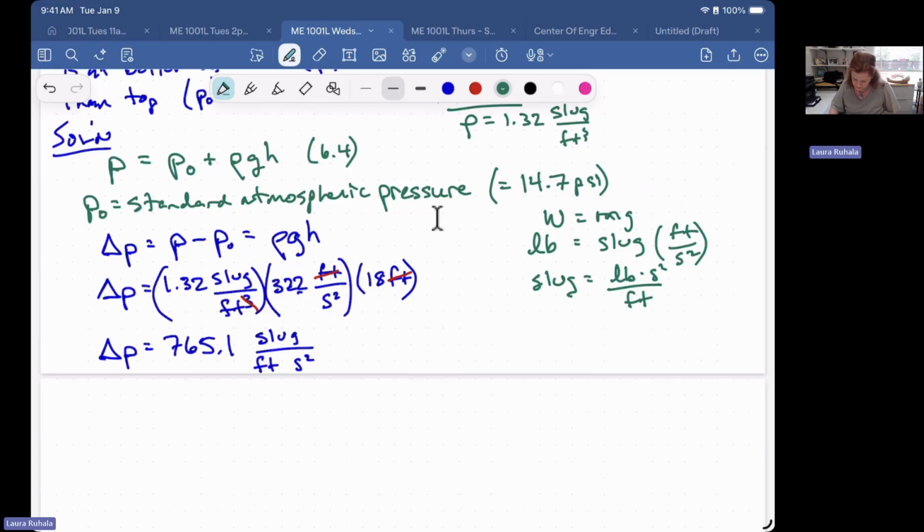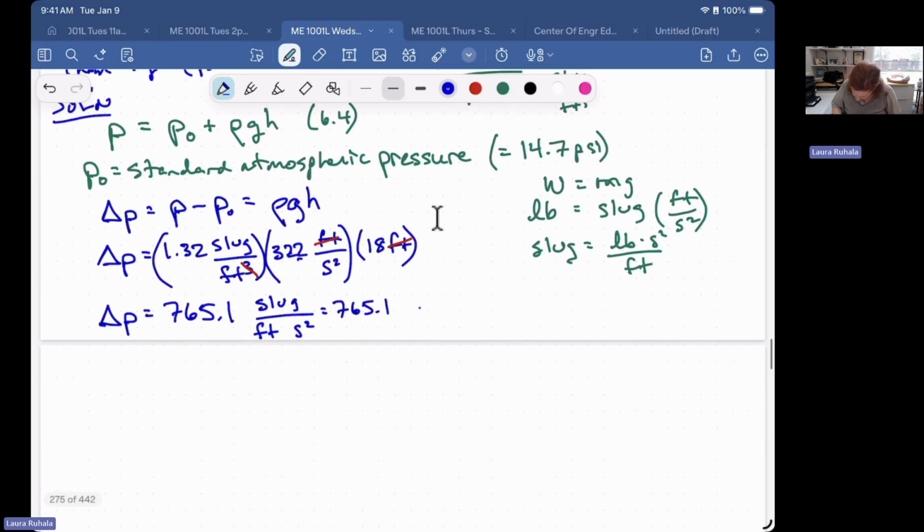Everybody get that? So over here, this is equal to 765.1. Instead of slug, I'm going to put pound second squared per foot.